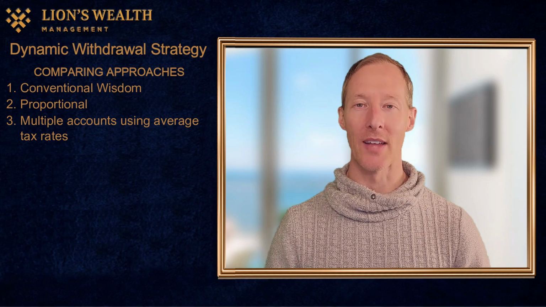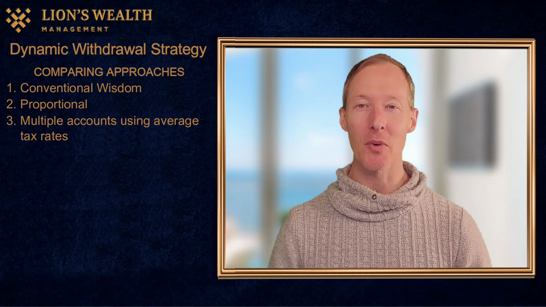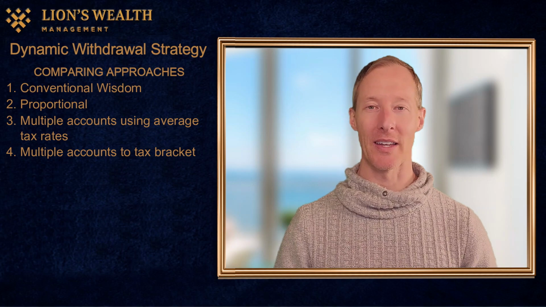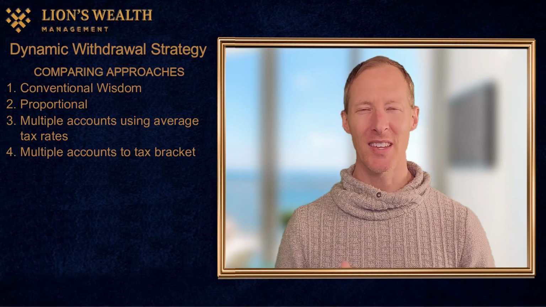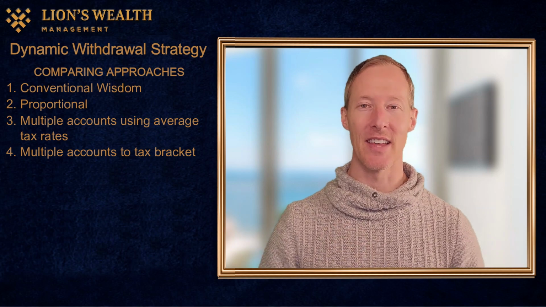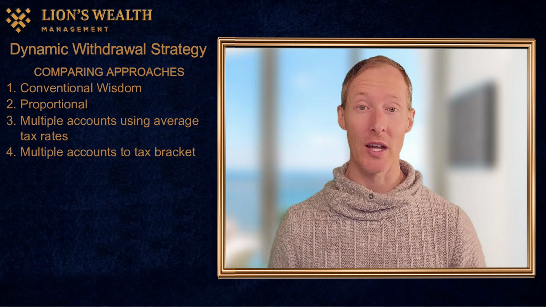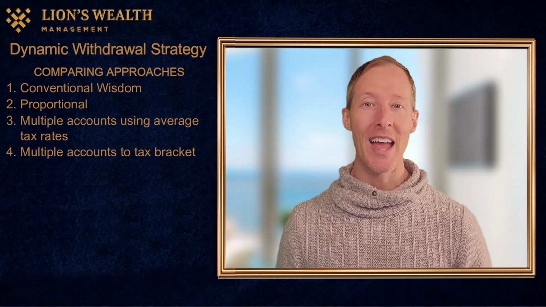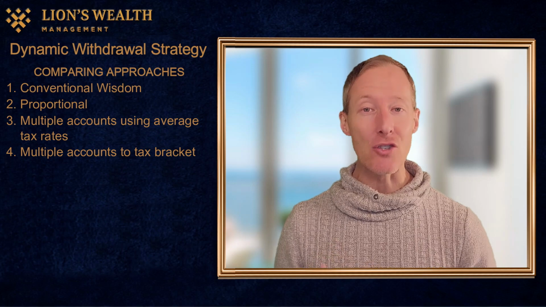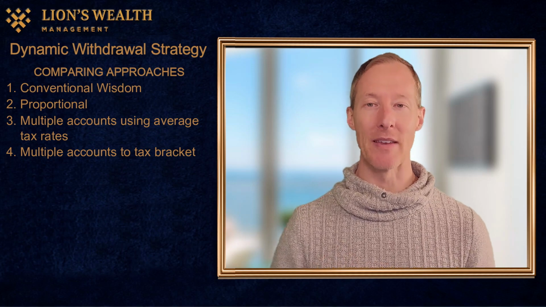Well, one last strategy that we want to talk about is the multiple accounts to tax bracket strategy. Now this is really starting to get into the details a little bit more, but in this withdrawal strategy, tax deferred accounts and other accounts each year are used to cover spending.